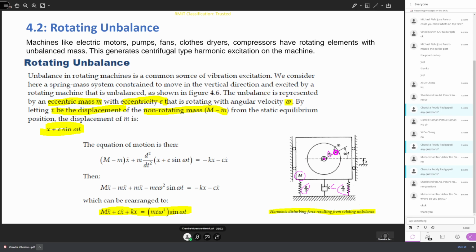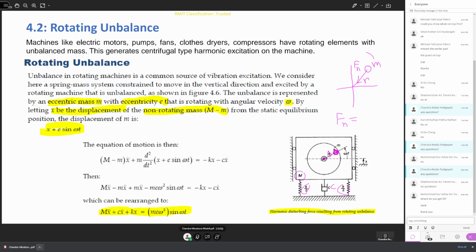When a mass is in rotation, what will be the centrifugal force? Let us say the distance is r and the mass is m. What is the normal force developed here? Anyone? You must have done this in the dynamics course.